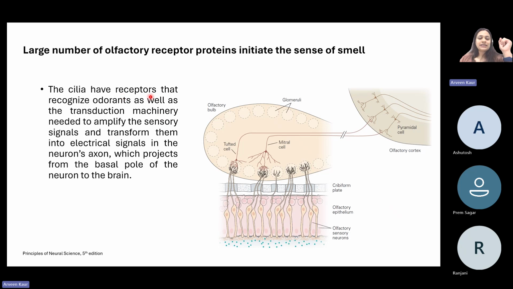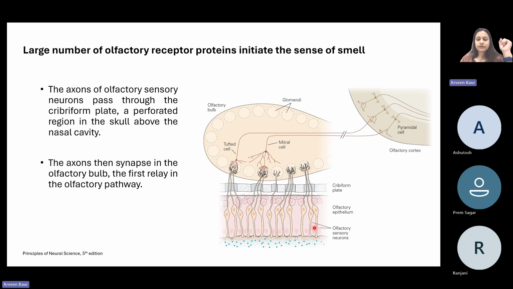These cilia have receptors that recognize odorants as well as the transduction machinery needed to amplify the sensory signals and transform them into electrical signals in the neuron's axon, which projects from the basal pole of the neuron to the brain.